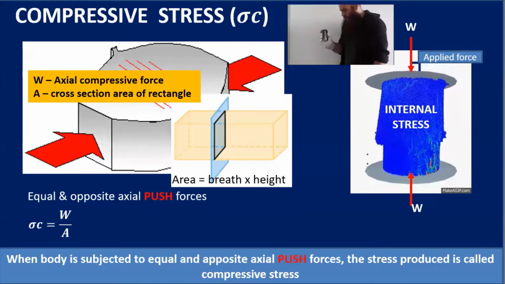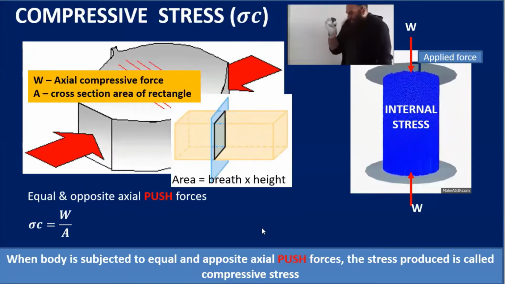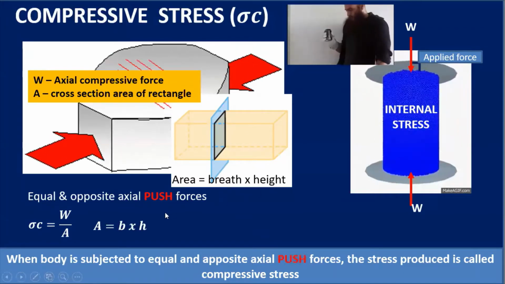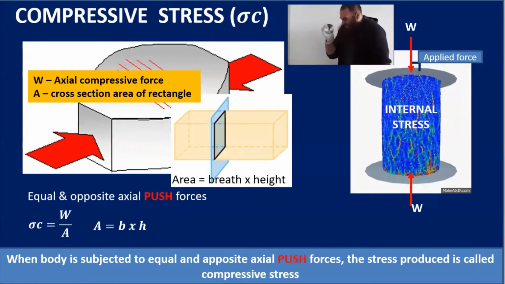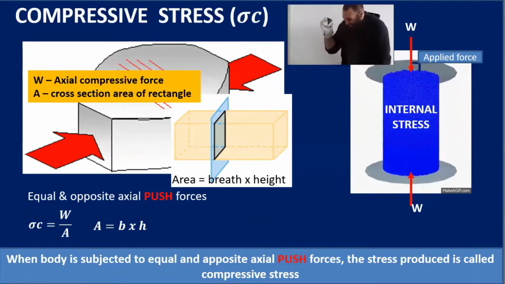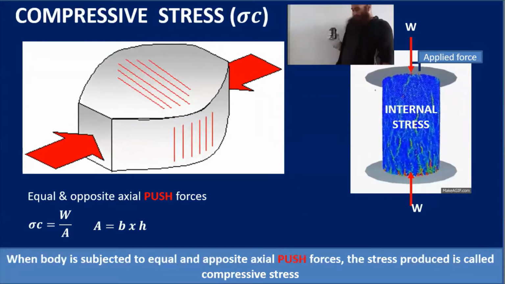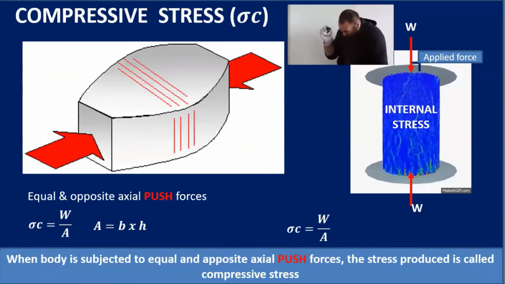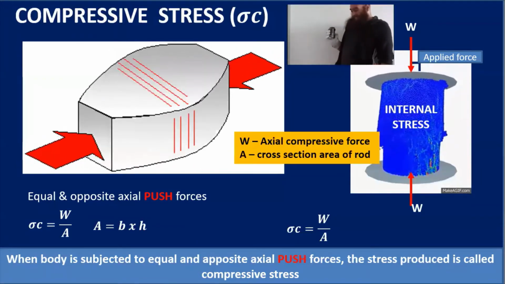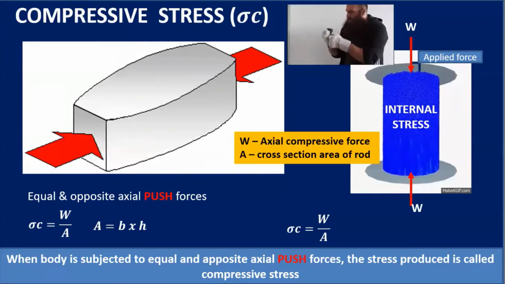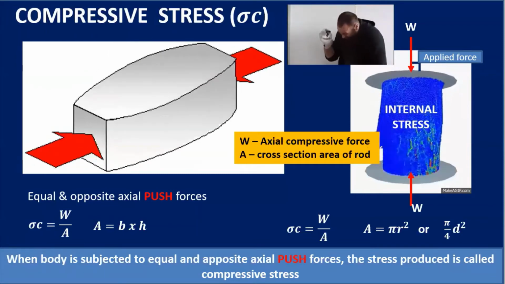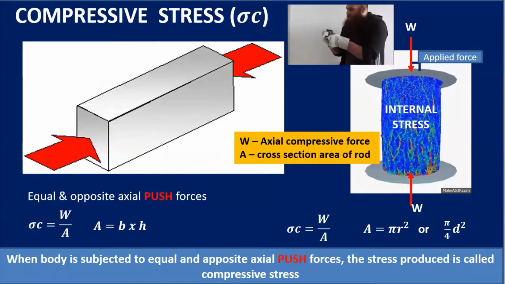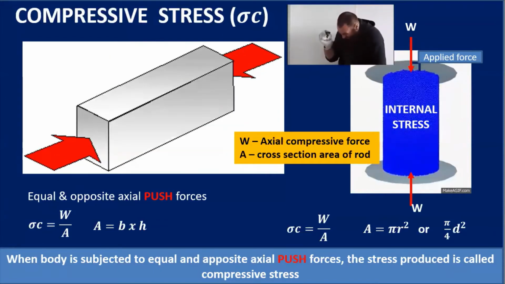If I show you in this diagram, this is a rectangular piece and the area is given by breadth into height, so we can say the area in this case is B into H. Now, if you take a circular rod, it is again the compressive stress equal to load upon area, but in this case the area changes, because the area of the circular rod is given by pi by 4 d square, and d is the diameter of the rod.